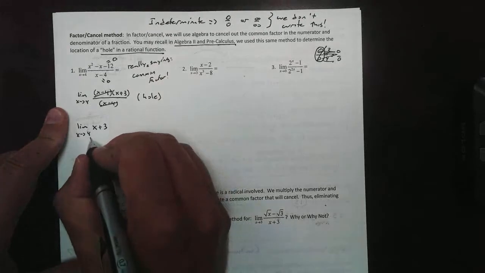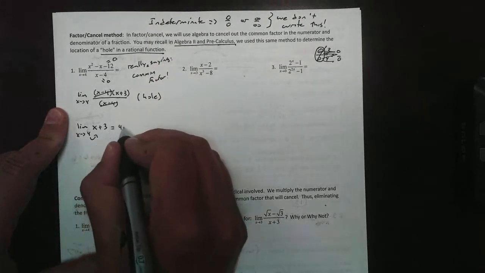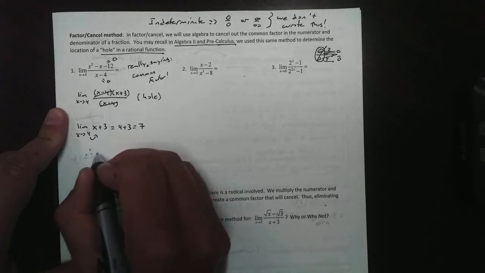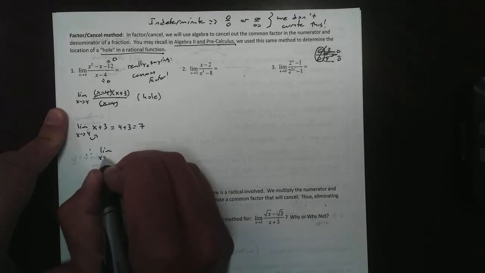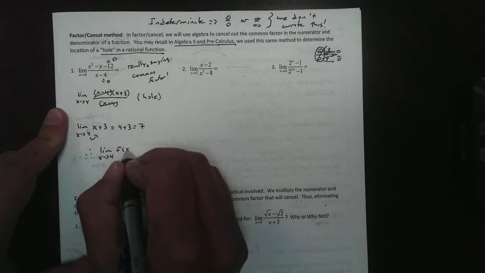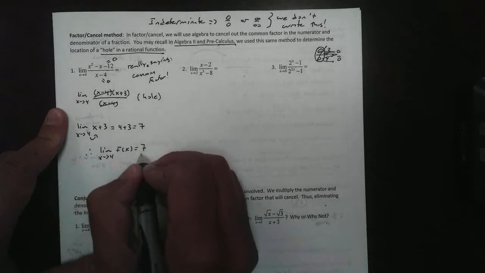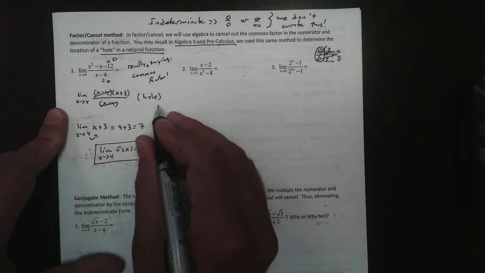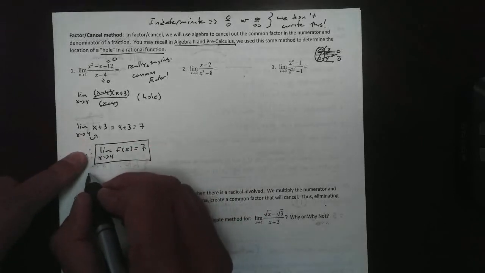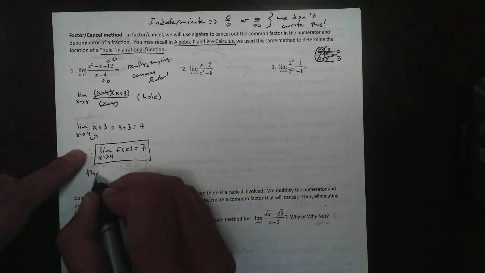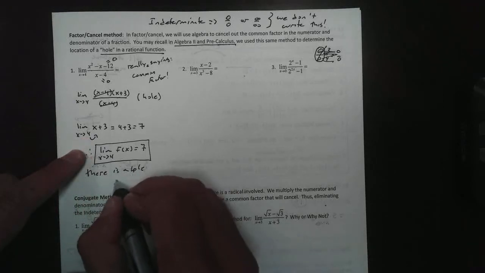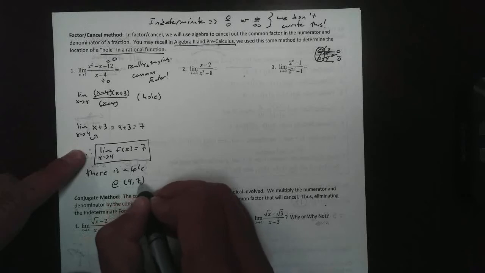But if I now plug in the 4, I get 4 plus 3, which is 7. So therefore we can say that the limit as x approaches 4 of our function is now 7. Now, again, from pre-cal, what this is really saying in the graph is that there is a hole at the point (4, 7).